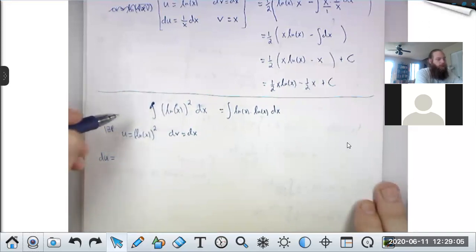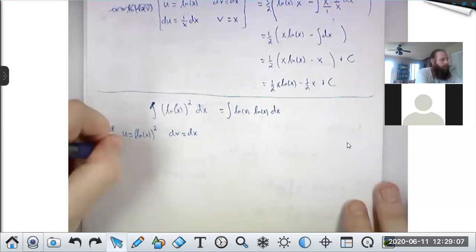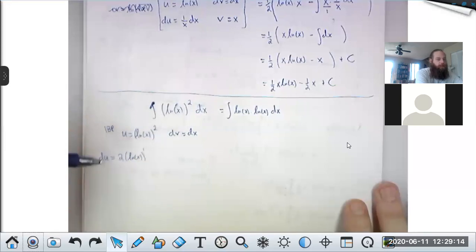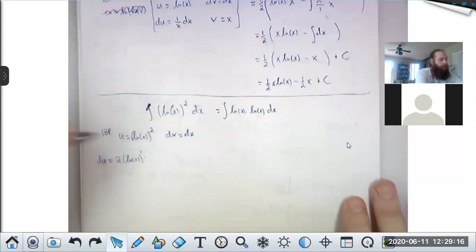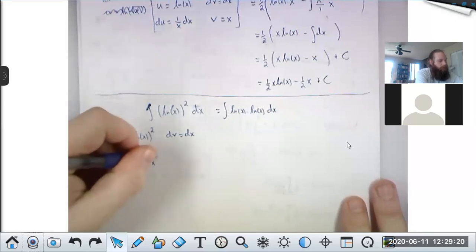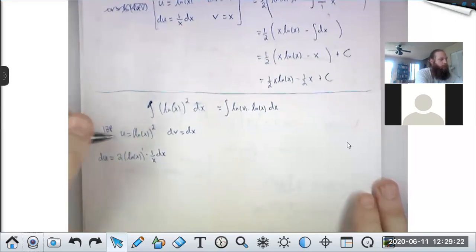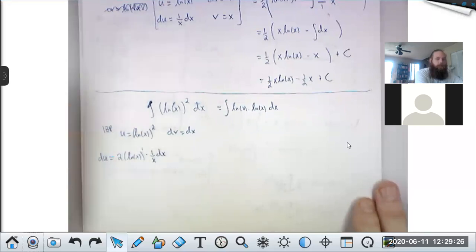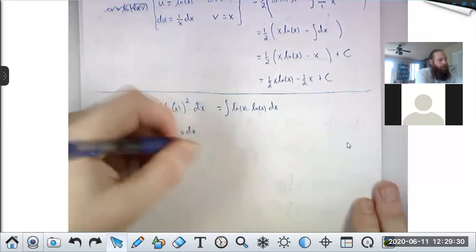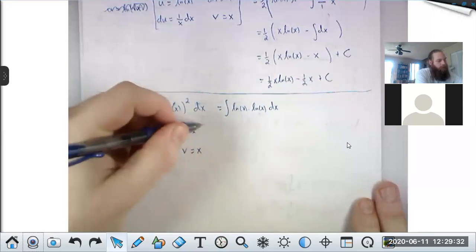So that's 2 times ln x to the 1, that's the derivative of the outside function, the squaring function, times 1 over x. Good. So this is my du. And then dv is just x. When I integrate dv to get v, it will just be x.